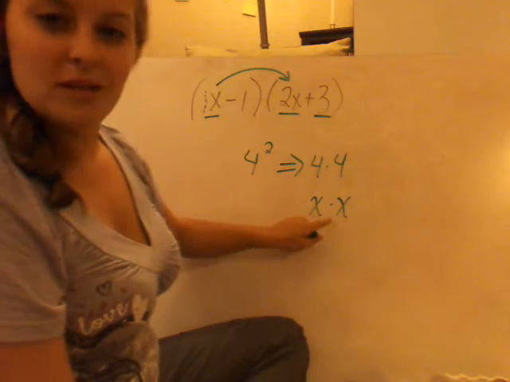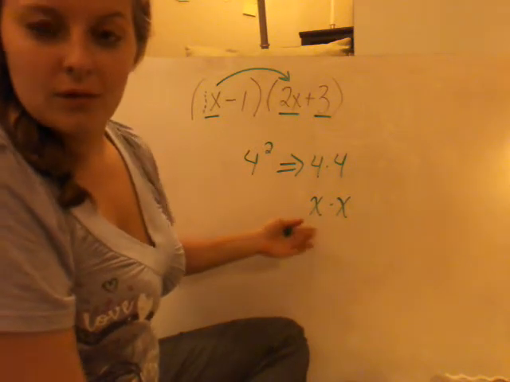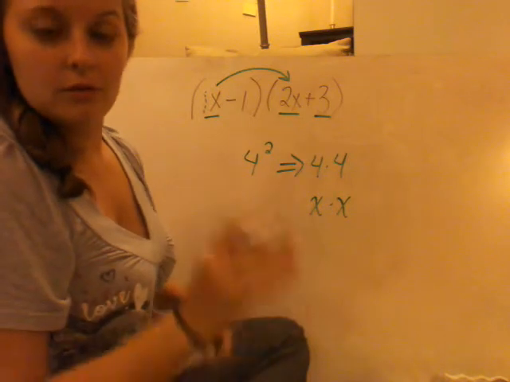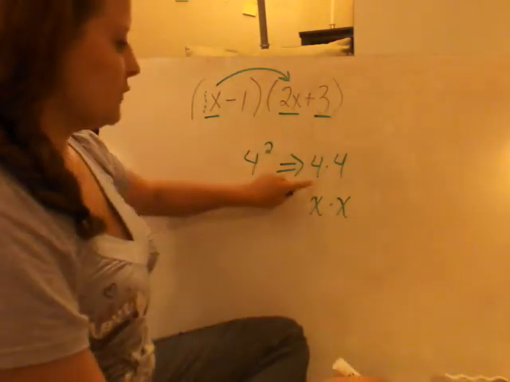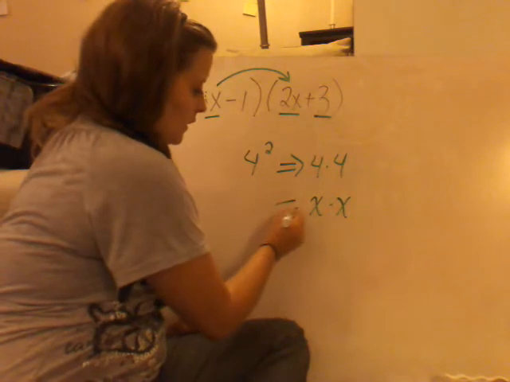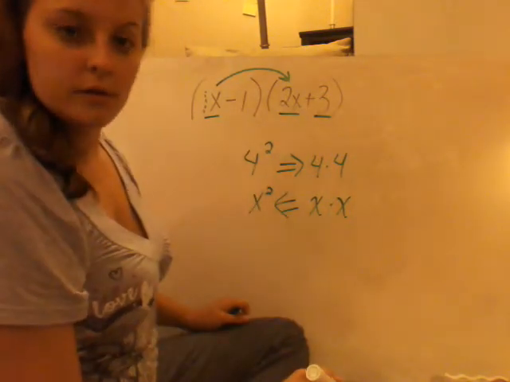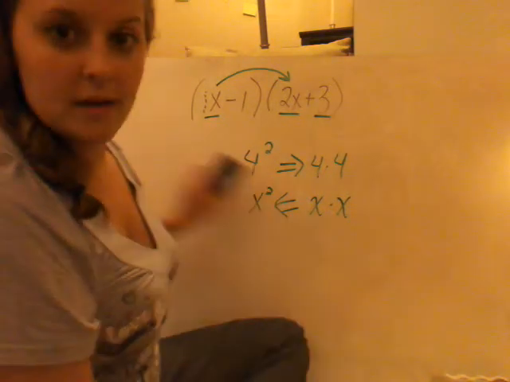I like to use the dot because we use x as a variable, so if I write x times x times x, that's too many x's. So x times x gives me x squared. See how that works?